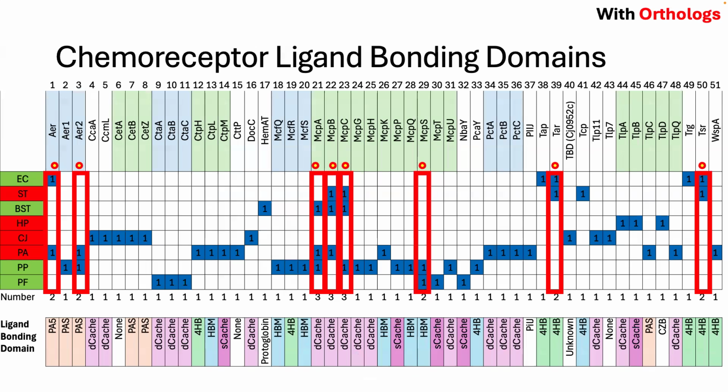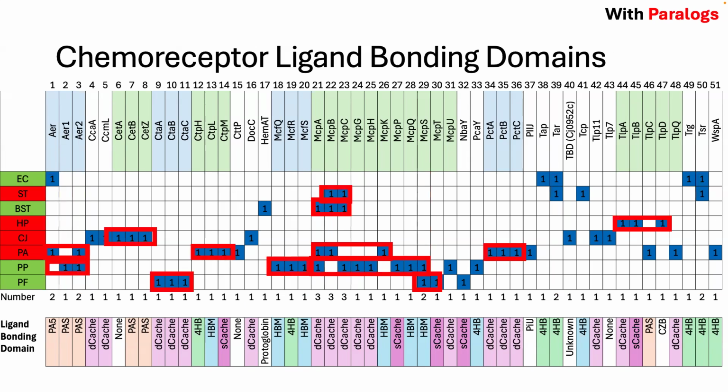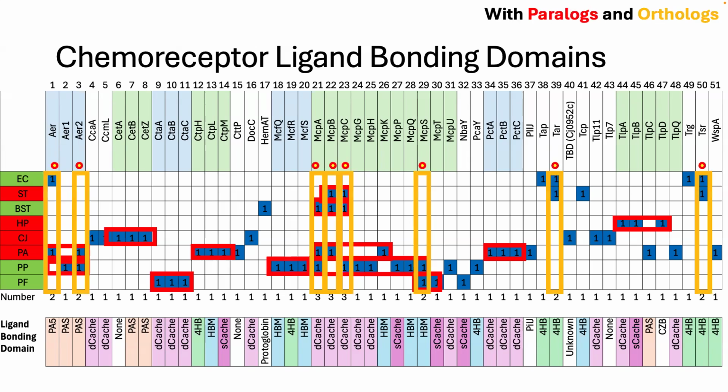Okay, just one last build chart. And so now I'm showing the ligand binding domains with the orthologs. And then here is the ones with the paralogs. And if I put them together, this just gives us a way of thinking about that all.